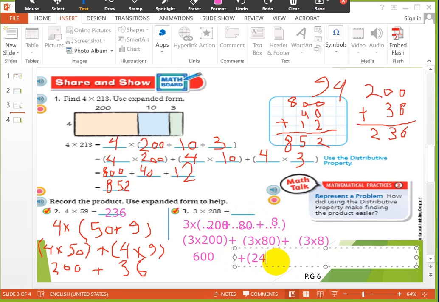And put 1 0 next to the answer, so it will be 240. Okay, this is the second number. Now, the last one. 3 multiply 8 equals 24.